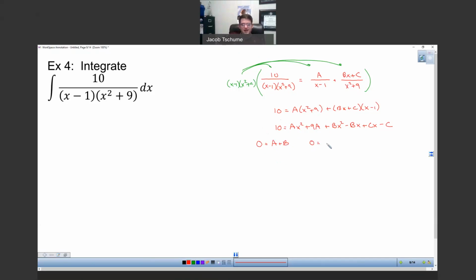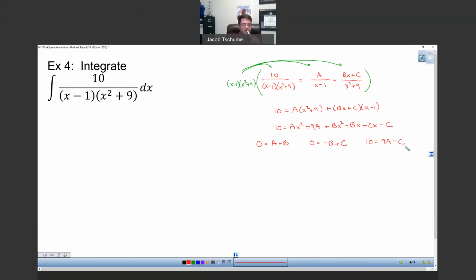But on the right, I see that I have a negative B plus C that must combine to be 0. Finally, there is a constant on the left of 10, and on the right, we have the constants of 9A and A minus C. So I need to solve all of these equations directly.